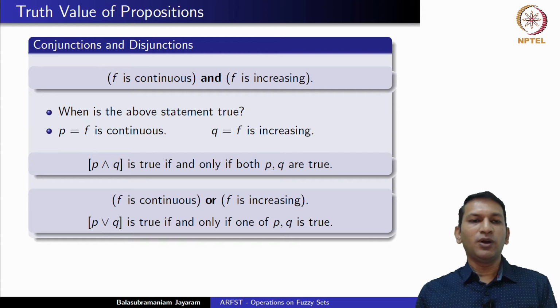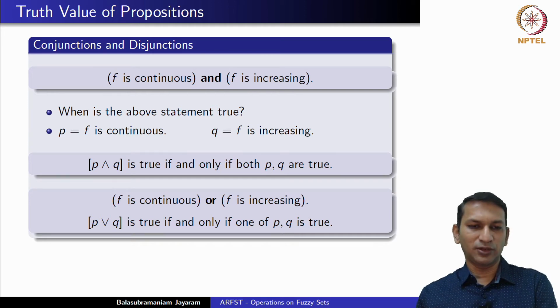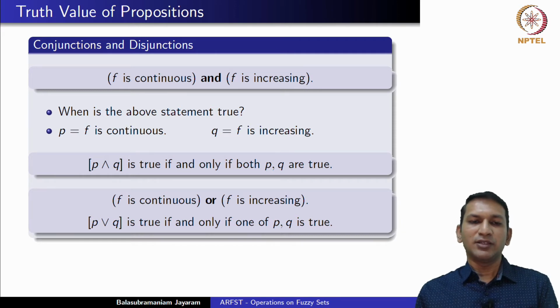This is how we reason in logic, and because of the isomorphism, the correspondences between classical set theory and classical logic, the operations on classical set theory and the operations on classical two-valued logic, similar to how we interpreted intersection and union, we are interpreting both conjunction and disjunction of logical propositions.